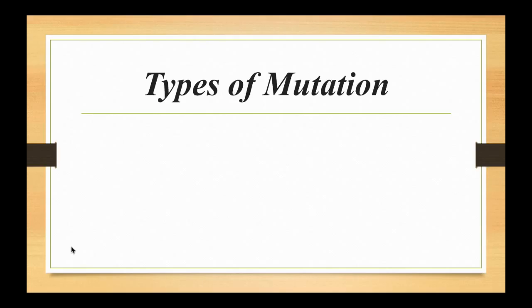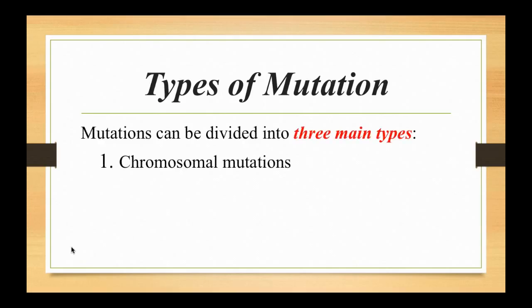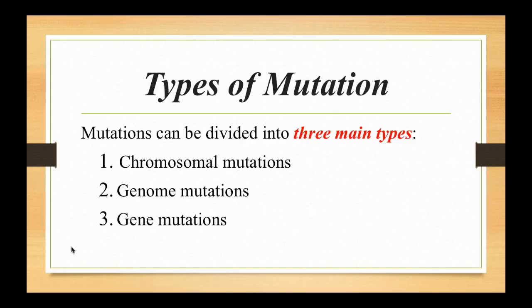There are three main types of mutations. The first one is chromosomal mutation, which is changes in chromosome structure. The second one is genome mutation, which is changes in chromosome number. Those numbers will be changed. And the one that I'm going to talk about is the gene mutation.